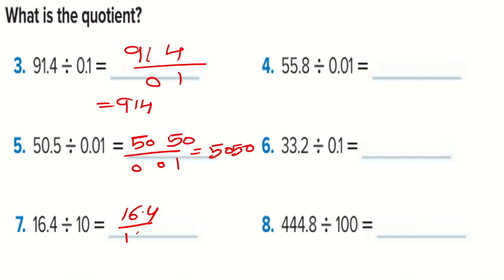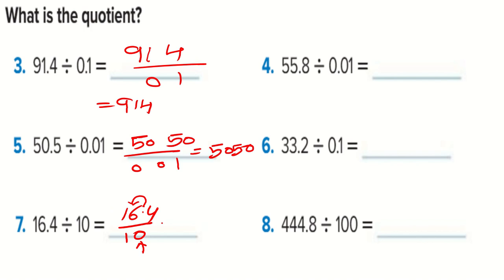Next is 16.4 divided by 10. Here it is divided by 10. When we divide by 10, if you have only one 0, the decimal point will shift one place to the left.